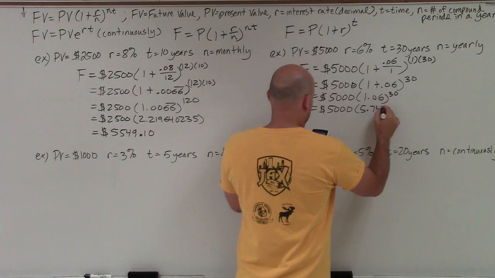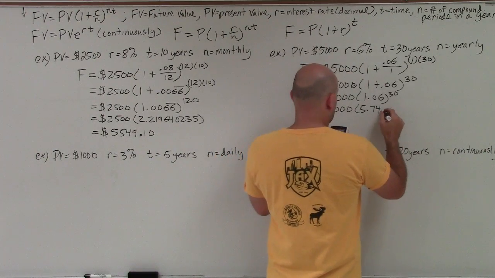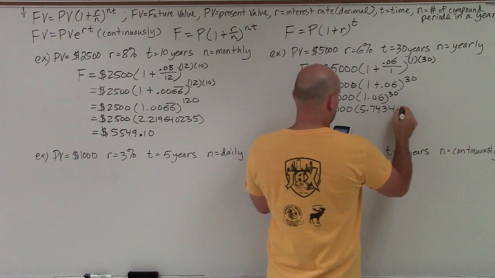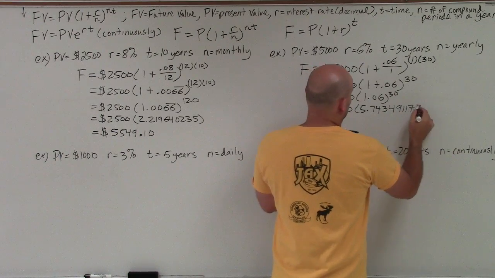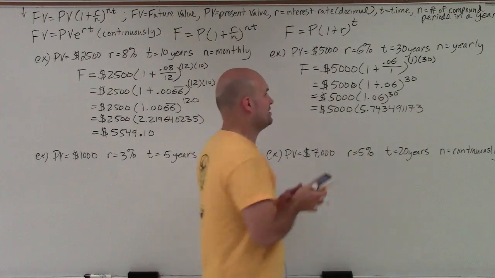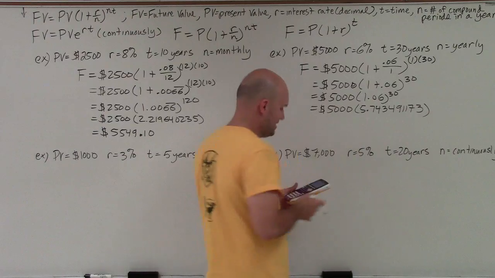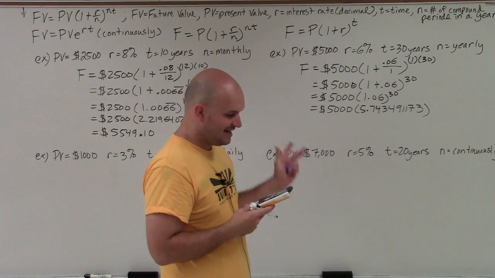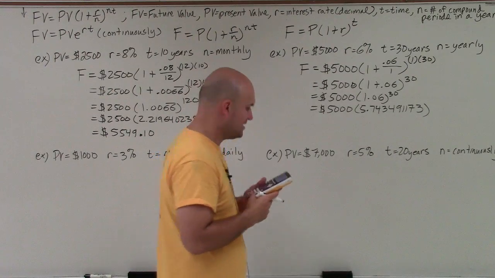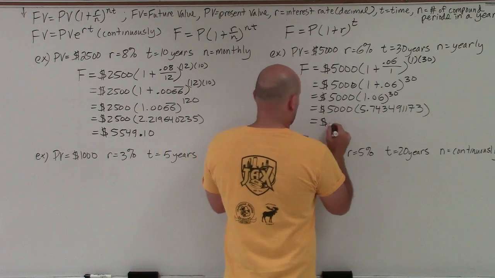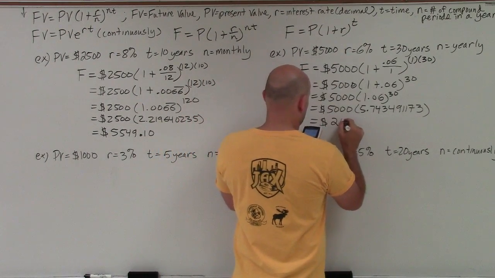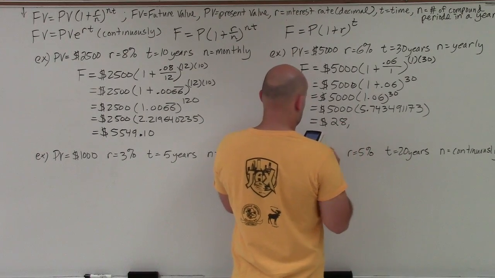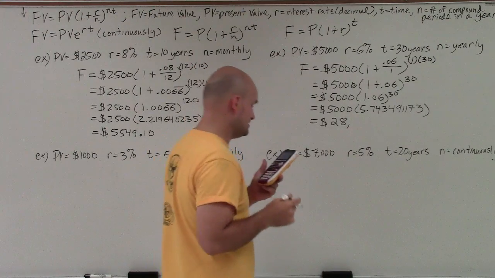Again, my calculator is approximating to the 9th decimal place, which is pretty good for accuracy, but again, do not round it. Do not write in 5.7 and then multiply that by 5,000. Take the whole answer my calculator gave me and multiply that by 5,000. And what I'll get is 28,000. Whoa. 1.06, oh, for 30 years, yeah.